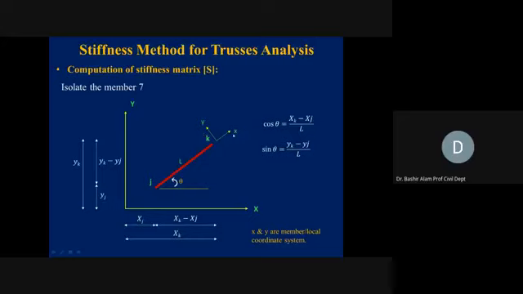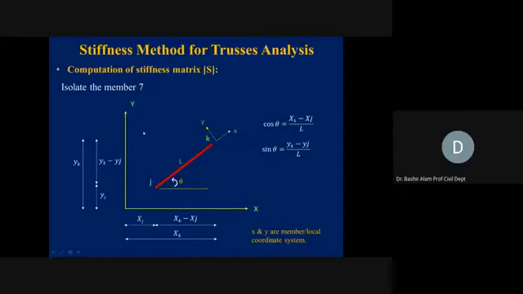Here, this green x-axis, if you look at, this is the local axis of this member, and this is the y local axis of this member 7. J and K are the joints, and here you see the coordinates, how they are located. This capital X and capital Y, these are the global coordinate system. So this is the x-axis and this is the y-axis.